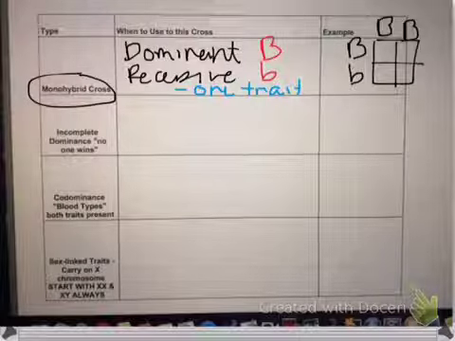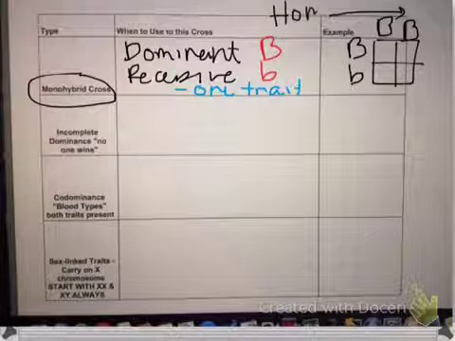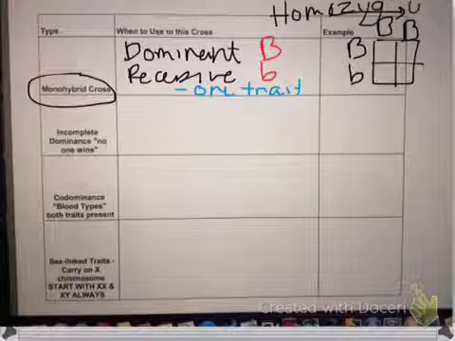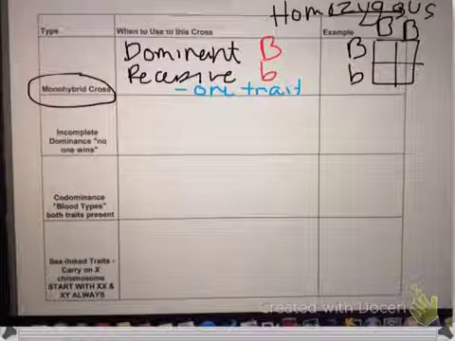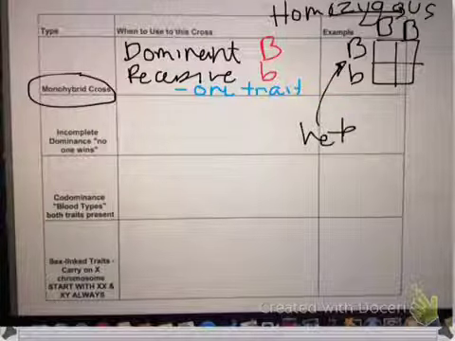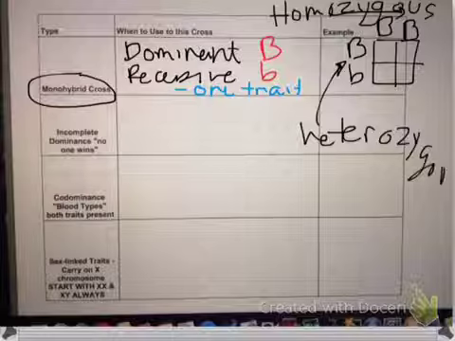So we could use those terms too in here. You could write those on here. This is homozygous. And this one right here is heterozygous.